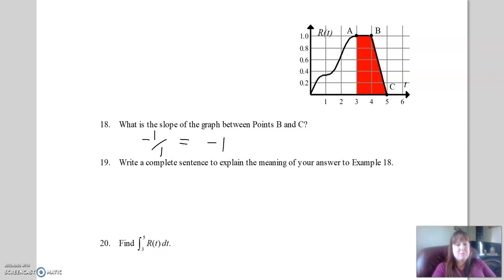Write a complete sentence to explain the meaning of that. From point B to point C is from 4 a.m. to 5 a.m. And what happened between 4 a.m. and 5 a.m.? Well, the rate of rainfall went from 1 down to 0.